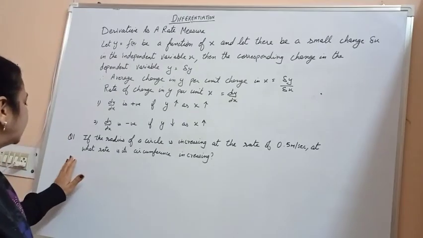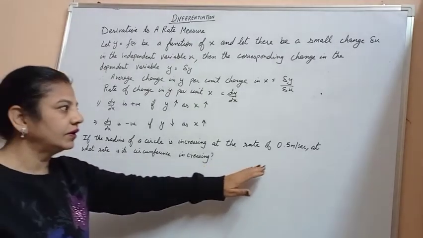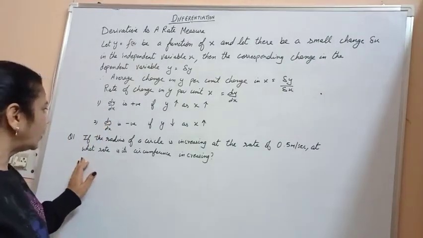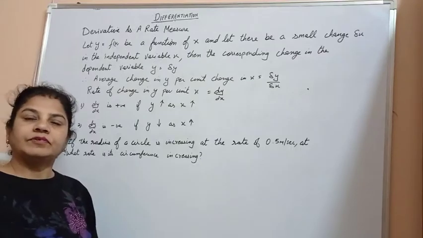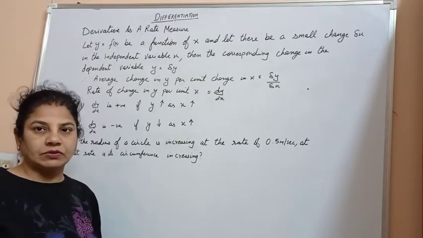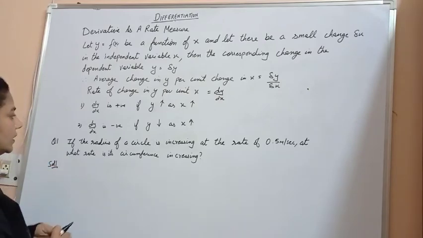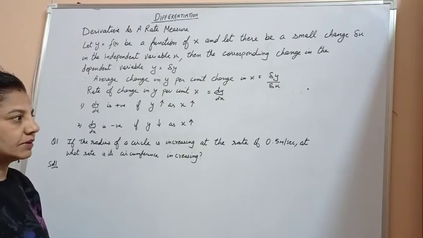For example, if the radius of a circle is increasing at the rate of 0.5 meter per second, at what rate is its circumference increasing? First of all, we write what information is given to us. In this particular case, the radius of a circle is increasing at the rate of 0.5 meter per second.